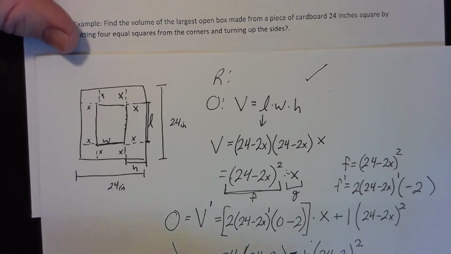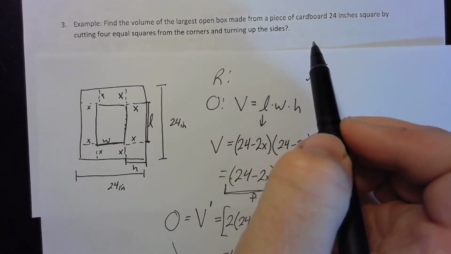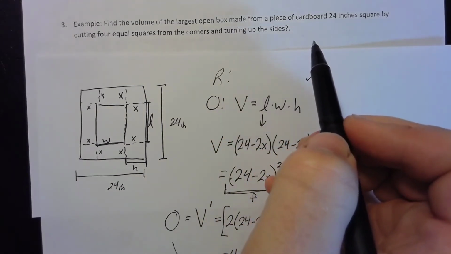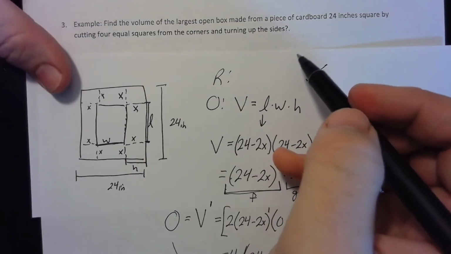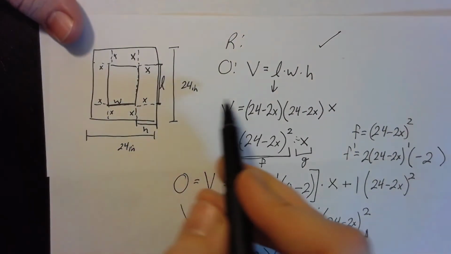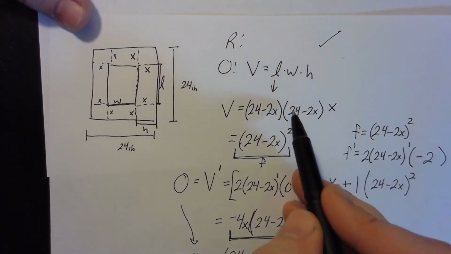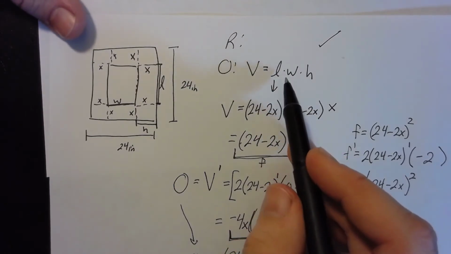It says, find the volume of the largest open box made from a piece of cardboard 24 inches square by cutting 4 equal squares from the corners and turning up the sides. So when I'm trying to do that, my x is one of the lengths. Again, that's the height. And I have 24 − 2x as the width and 24 − 2x as the other length.